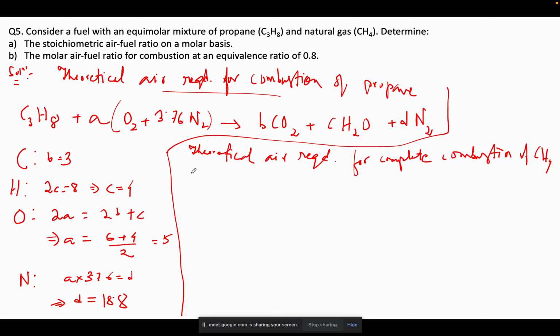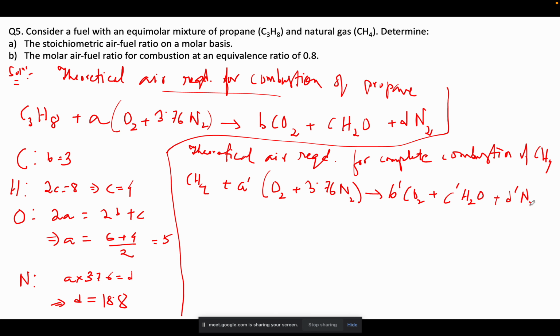Again here also CH4 plus A prime times O2 plus 3.76 N2 gives B prime CO2 plus C prime H2O plus D prime N2.